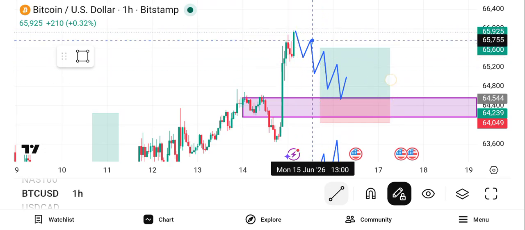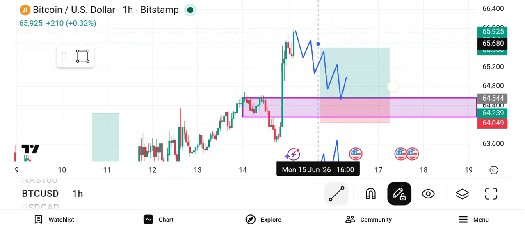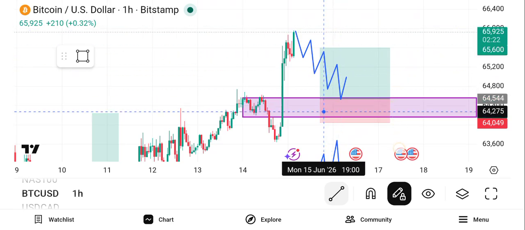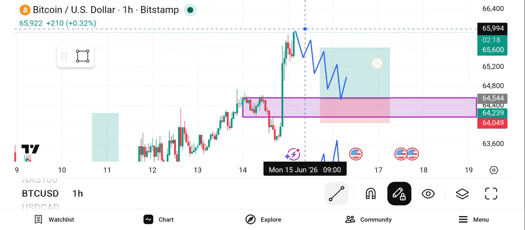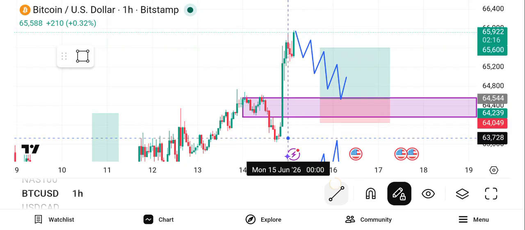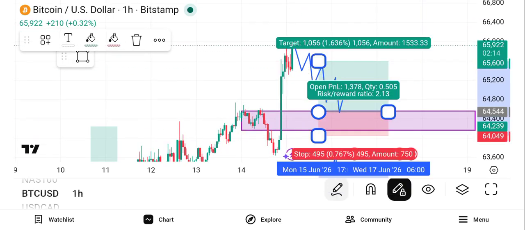So if I'm selling, I will set the target to clear out this trend line liquidity, or use the last highs to take my profit. So I'll trade and then target a very good risk to reward.